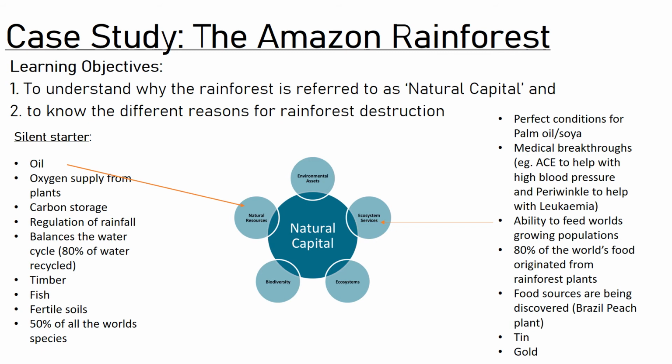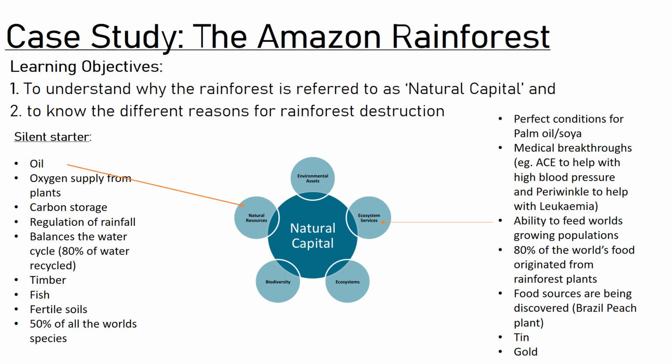Ecosystems in themselves link to biodiversity and the fact that 50% of all of the world's species live in the Amazon. So what you've got on this slide, on either side, all the bullet points, are loads of positives or reasons why the Amazon rainforest can be referred to as natural capital.